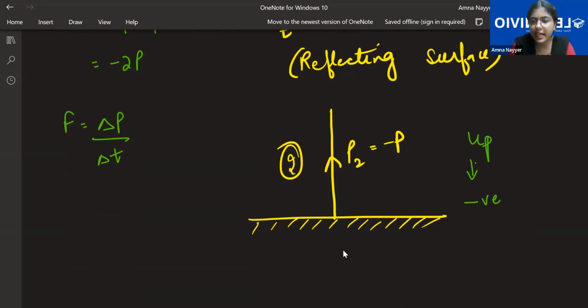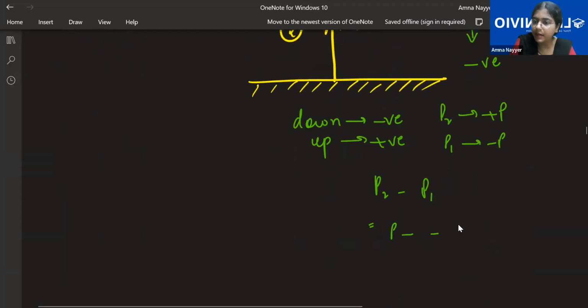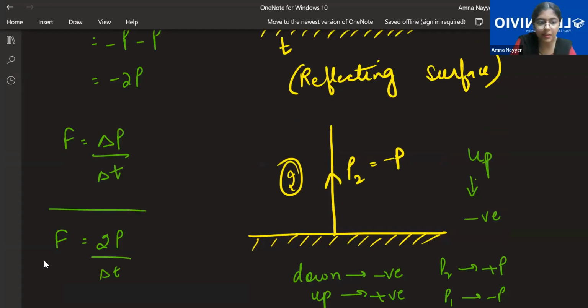Even if you take down as negative and up as positive, P2 becomes plus P, P1 becomes minus P. P2 minus P1 is P minus of minus P, which again becomes 2P. So remember, it will be twice, so force becomes twice the momentum by time. This is an important conclusion.